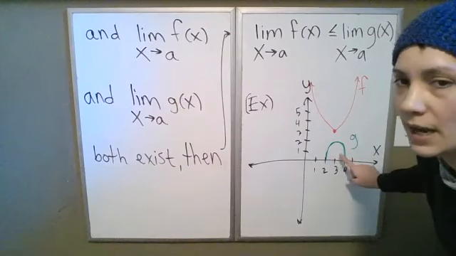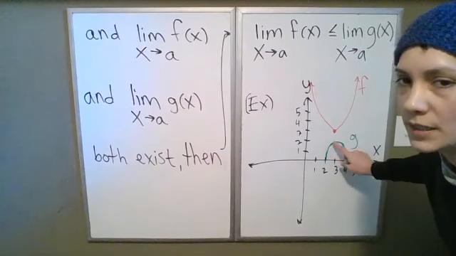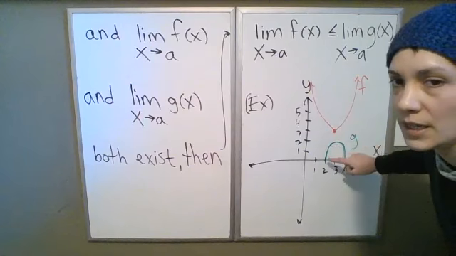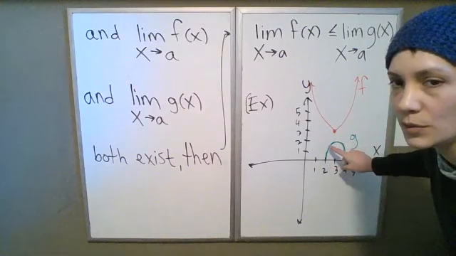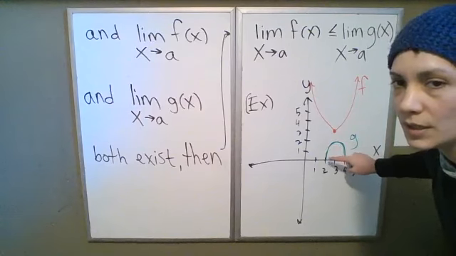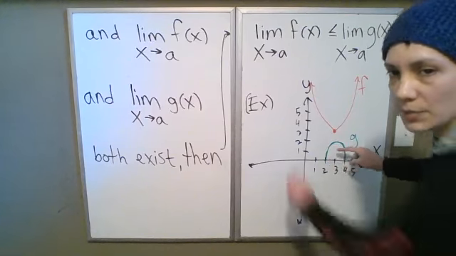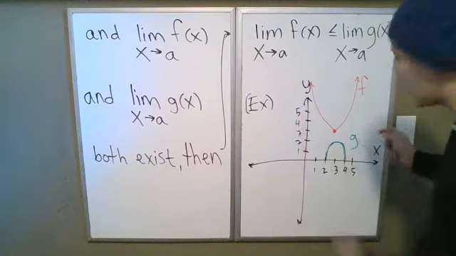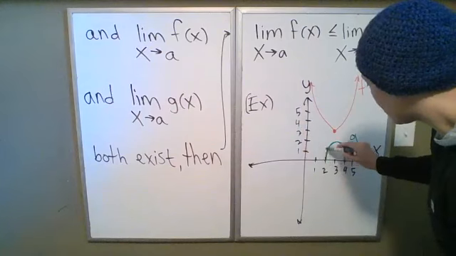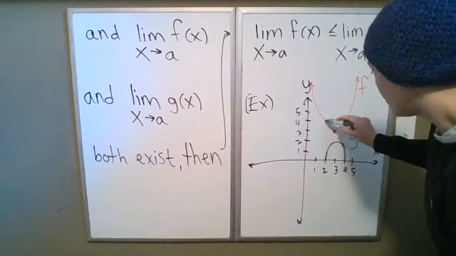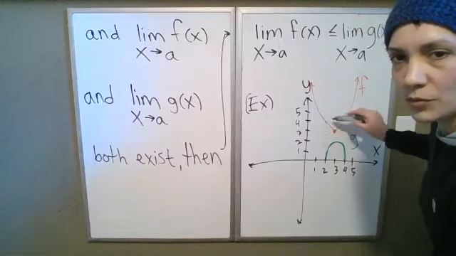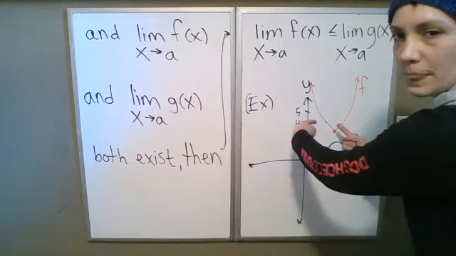g sends its inputs to outputs that are less than the outputs for the function f. So let's say you do the limit as x goes to 2. For g of x, it would be 0 as your limit, and for f of x, you'd be approaching about 4.